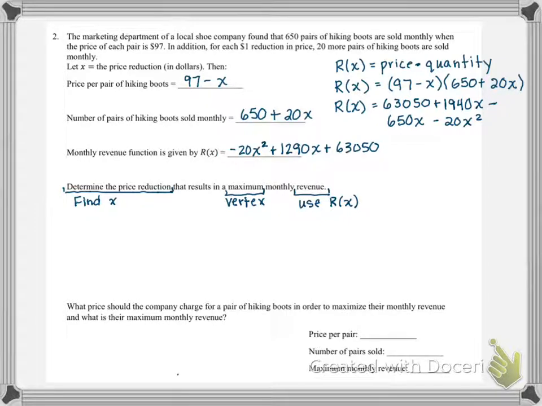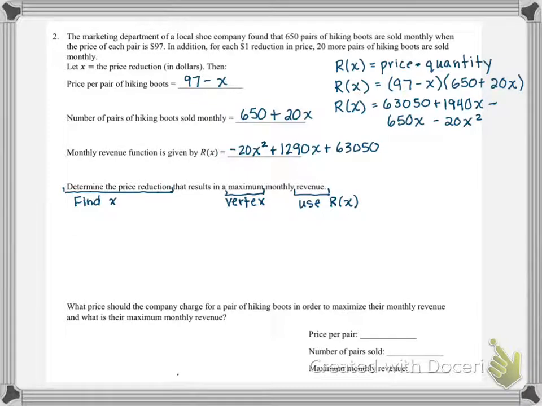And so that whole thing at the end where I was like use r of x, it might seem kind of obvious in this one because it's the only function we wrote. But if we had like 4 functions, it's important to deliberately ask, what is it I'm actually trying to maximize here? So that you're using the right function for each given problem, because it'll change from problem to problem.